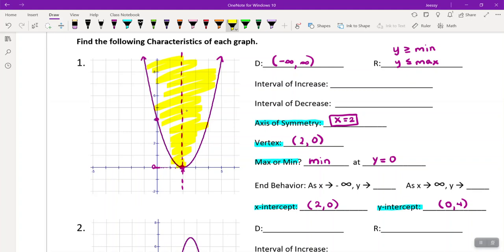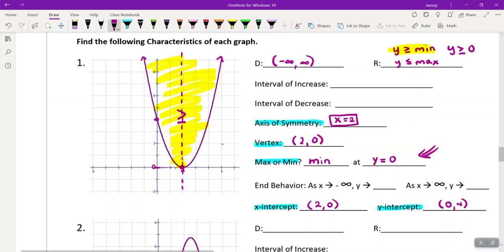So that's why we say that the range in this case is going to be y is greater than or equal to 0, because 0 is the minimum. We established that over here. So it kind of makes sense. The parabola is above, so it's going to be greater than or equal to, okay?